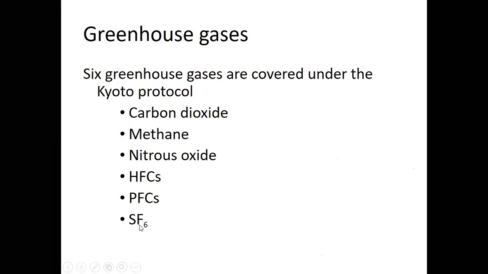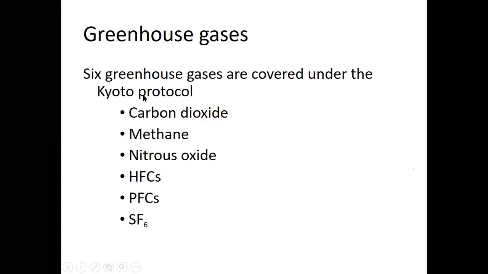I hope you can easily identify the names of these gases. So those are the main greenhouse gases covered under the Kyoto Protocol.